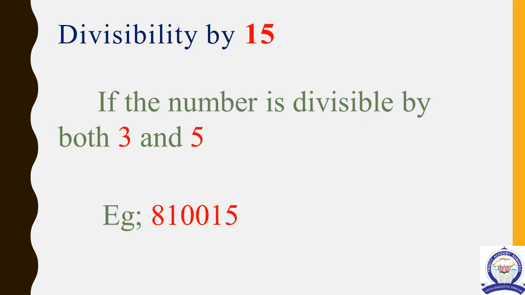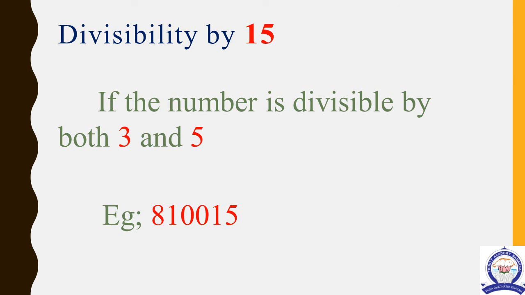Divisibility by 15. If the number is divisible by both 3 and 5. For example, consider this number. So this number should satisfy the rule of 3. The rule of 3 is sum of all the digits is divisible by 3. So you add all the digits. 8 plus 1, 9. 9 plus 0 is 9.